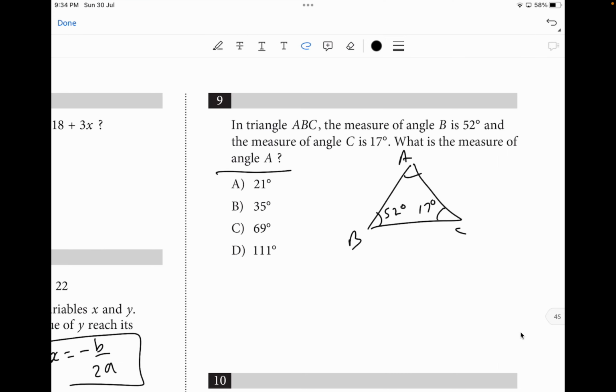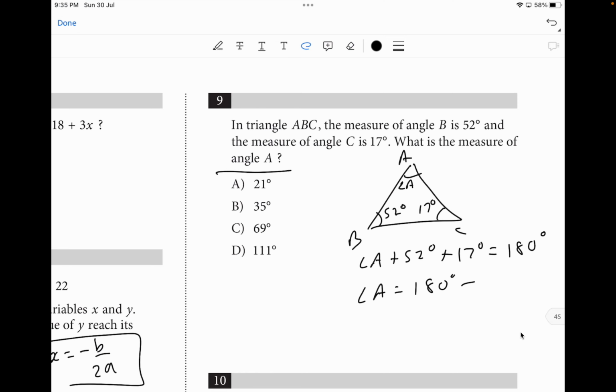Now, remember, the sum of all the angle measures in a triangle is 180 degrees. So let's just call it angle A. Angle A plus 52 degrees plus 17 degrees is equivalent to 180 degrees. So angle A is going to be 180 degrees minus 52 plus 17.